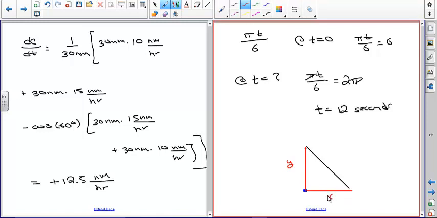Let's see, Kelly. Let me ask you this question. What is the maximum value for x? Look at x of t equals 1/2 sine of pi t over 6. What's the maximum value of the sine?